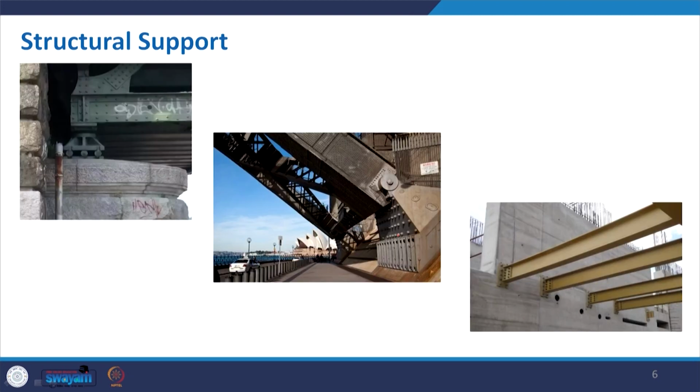Now, in order to make it more clear to you, this is an example of a bridge at the one support. You can see this is a roller type support at one end, the other one is your pin joint, and here it is fixed to the wall, neither pin nor roller, it is basically the rigid joint.